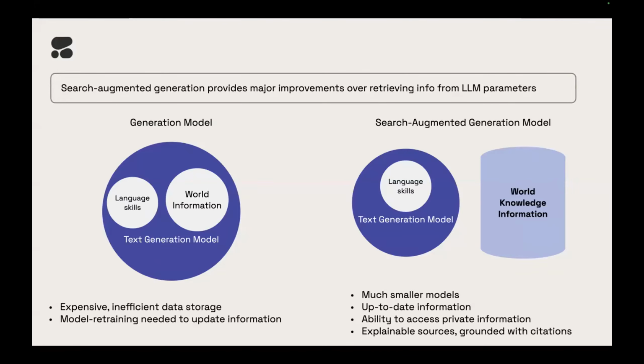It also enables up-to-date information, which is an important one, because information in the real world changes a lot, and you want the model to have the latest data. You can also build systems where user A has access to this database and user B has access to other data sources. So these become additional tools in your toolbox as you get into these systems. And if you build in tools like citations, your RAG system is a little bit more transparent to the user.